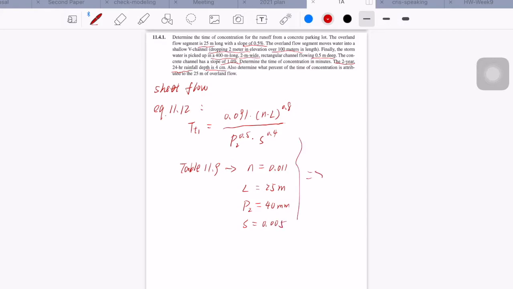So we can determine that the Tt1 equals 0.043 hours.